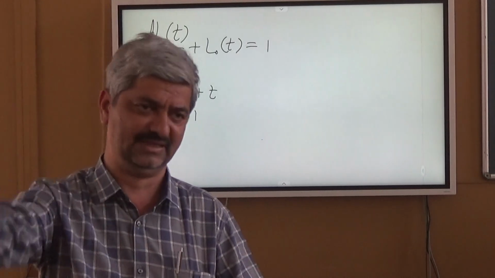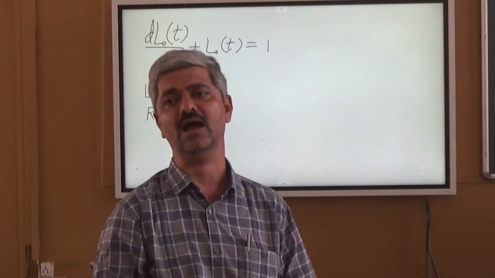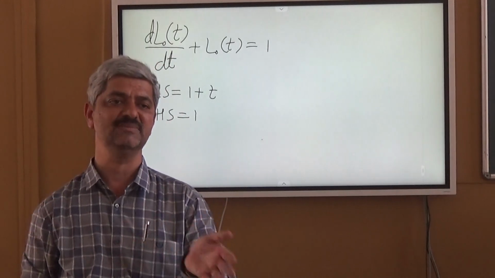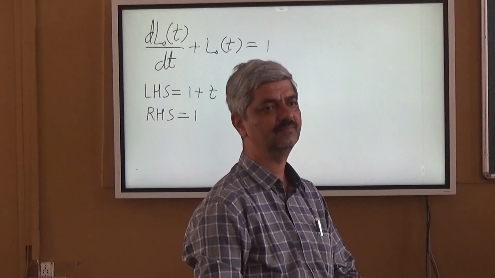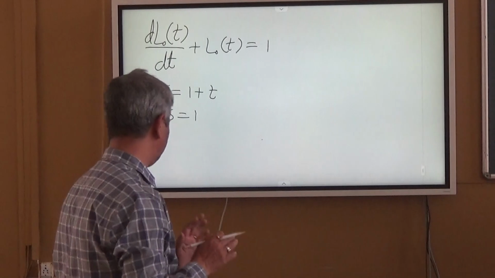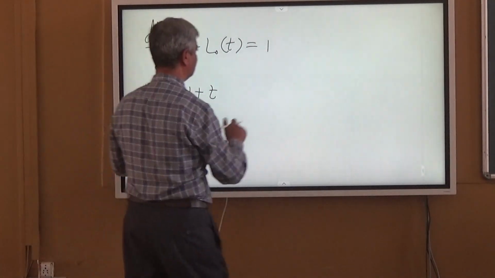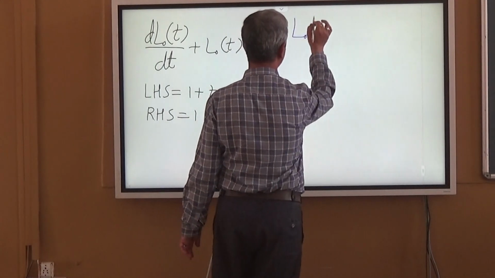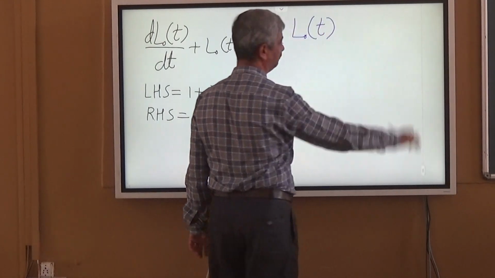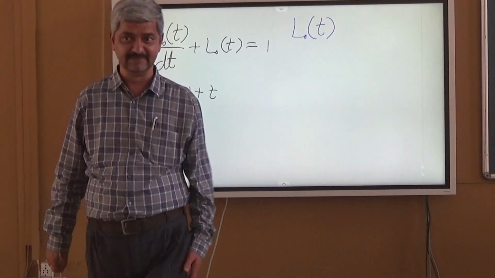Otherwise, I will move to the next. So how can we think of an approximate answer? The expression for LOT is very difficult to find. We found out the actual full expression.